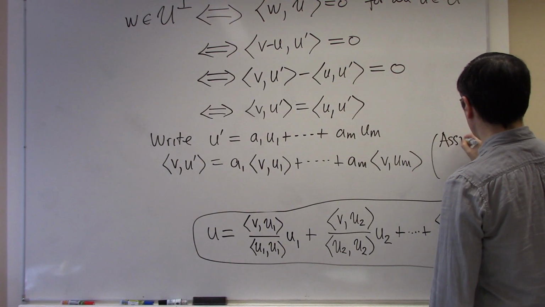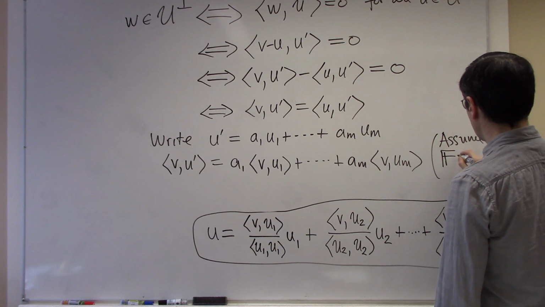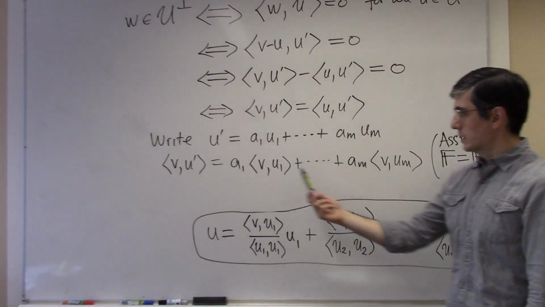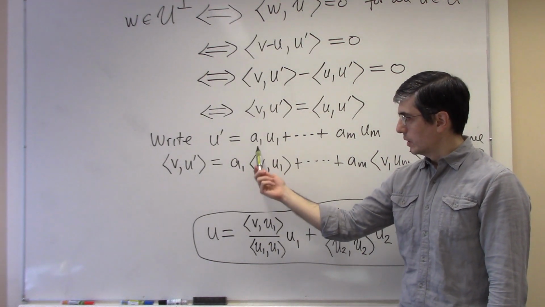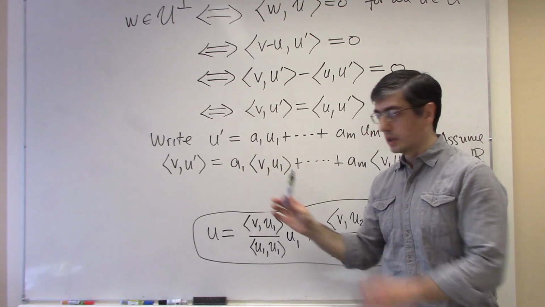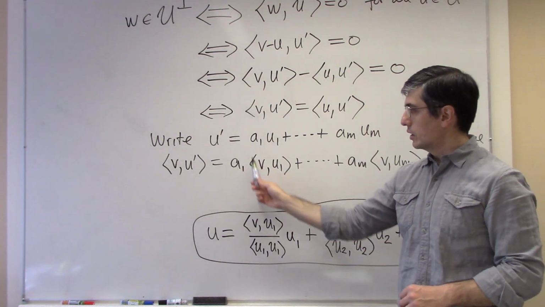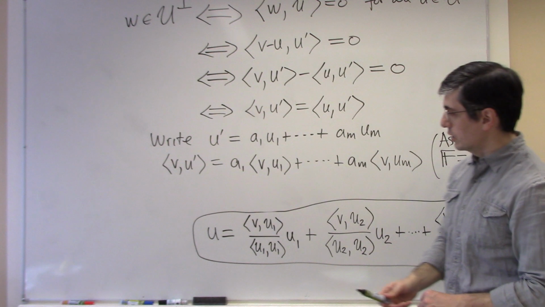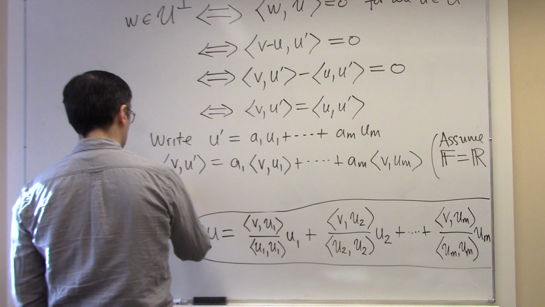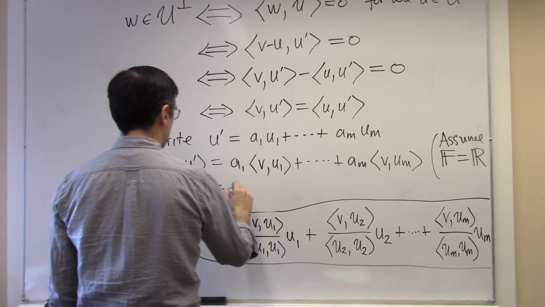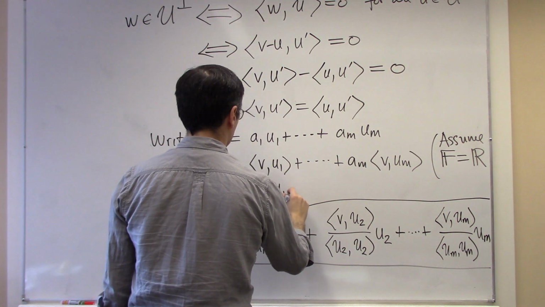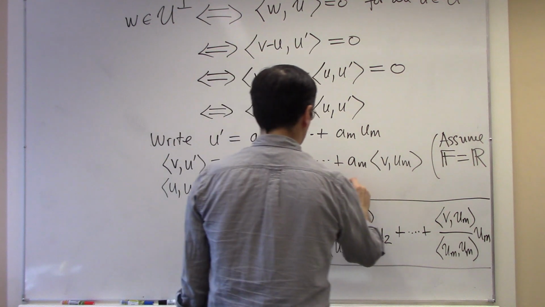Assume we're working over R. But over complex numbers, the proof is the same, except that when you put this expression instead of U prime and expand, these coefficients will come out as complex conjugates. And then the same you do with this part. So this is U prime, so this is equal A1 U U1 plus A M U U M.